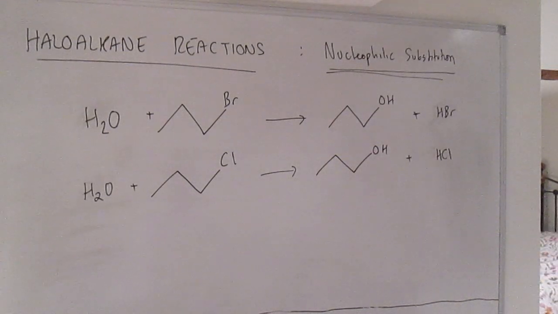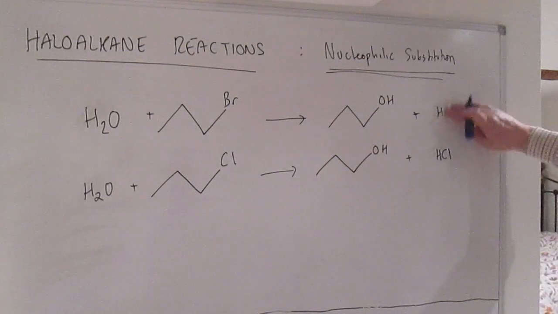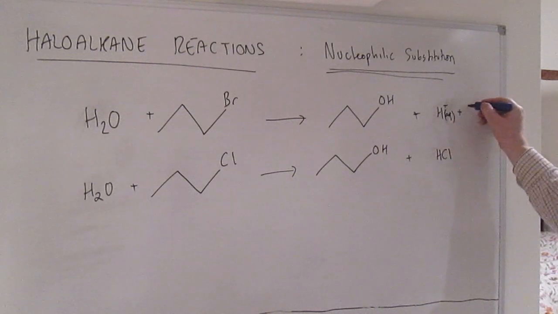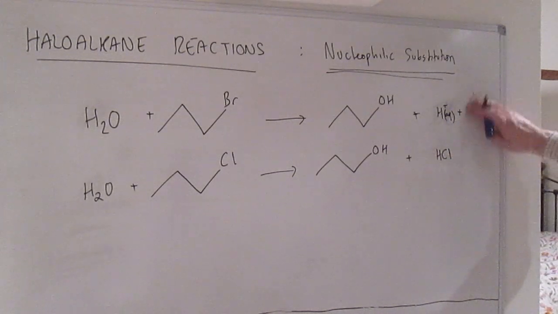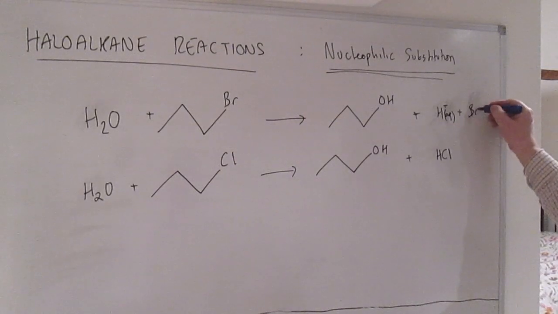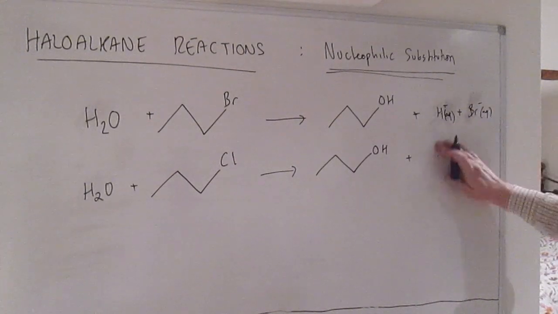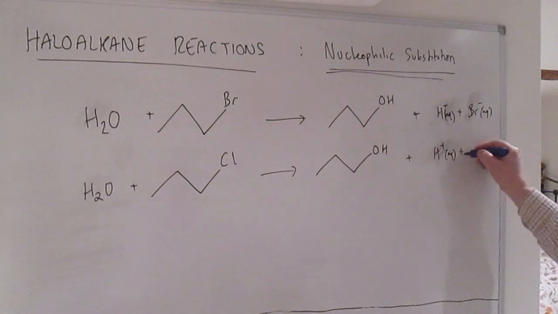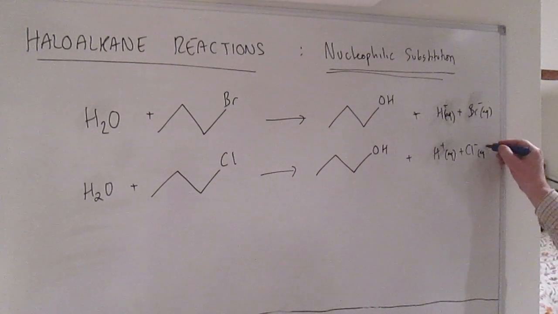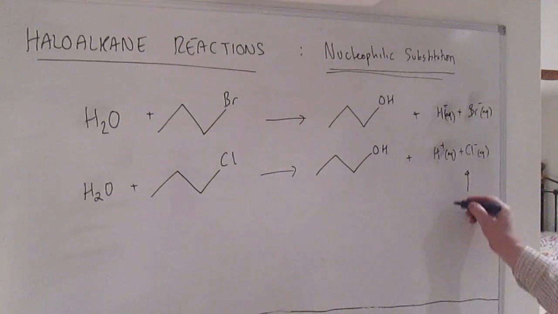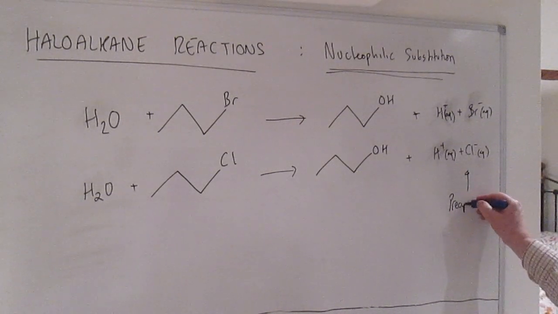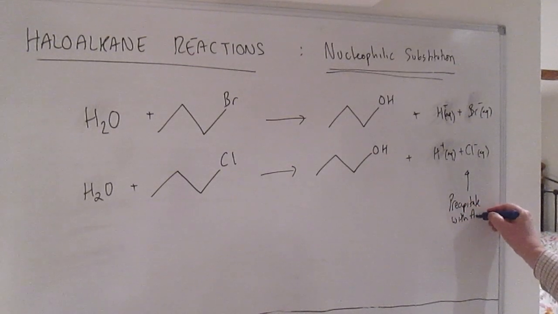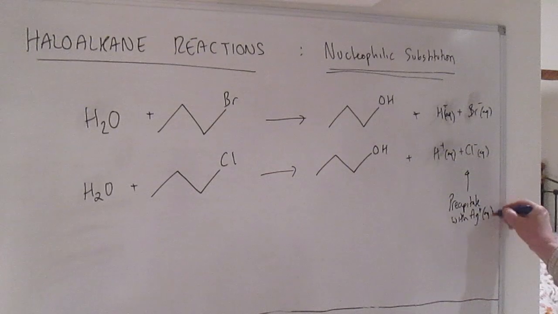But it works the same way, because of course HBr in aqueous solution is ionic, so you could write it like this, as H+ (aq) plus Br- (aq), and the same here as H+ (aq) plus Cl- (aq). And so these, as soon as they're formed, precipitate with Ag+ (aq).